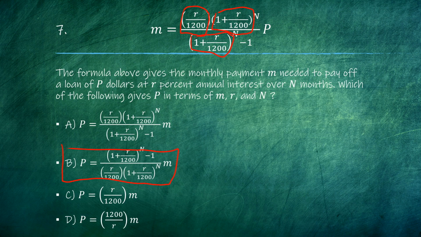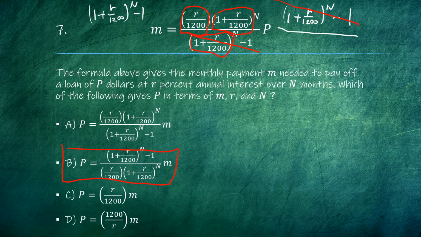And to solve for P in terms of the other variables, what we can do is first multiply both sides by this term, 1 plus R over 1200 to the n power minus 1. This is just really one big term. And as you can see, the bottom and the top cancel out. So 1 plus R over 1200 to the n minus 1.